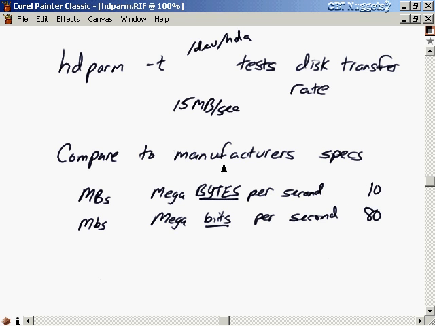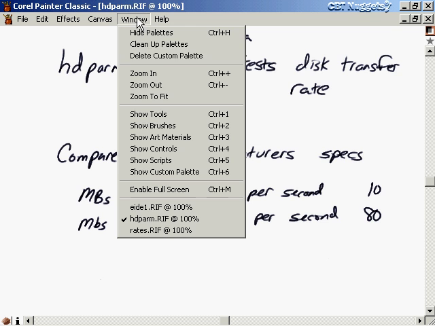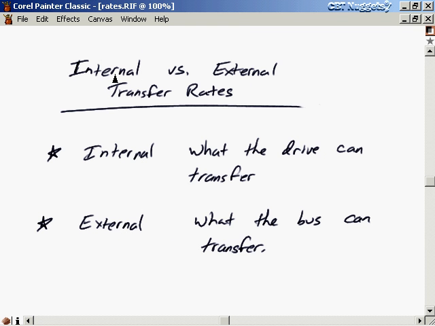Another thing you have to worry about with manufacturer specifications is whether they're advertising internal or external transfer rates. Internal transfer rates are what the drive can transfer, and external transfer rates are what the bus can transfer. So here's your hard disk, and it's hooked up by this bus to your motherboard, transferring data across the bus.